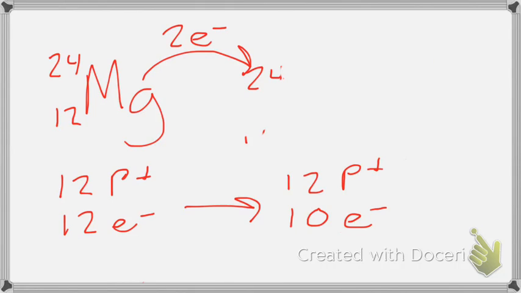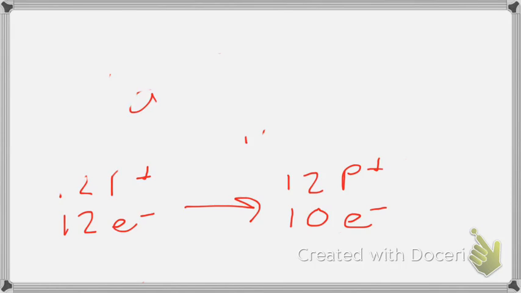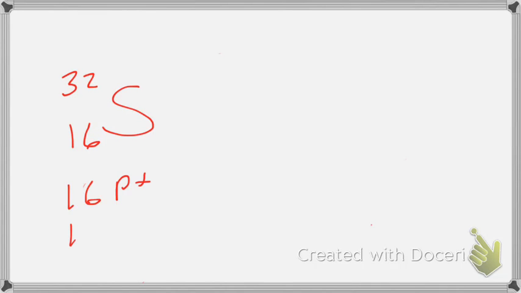Let's look at one more example using a nonmetal. All right, so let's do sulfur. Sulfur has an atomic number 16 and a mass number of 32. So in its neutral form, it has 16 protons and 16 electrons.